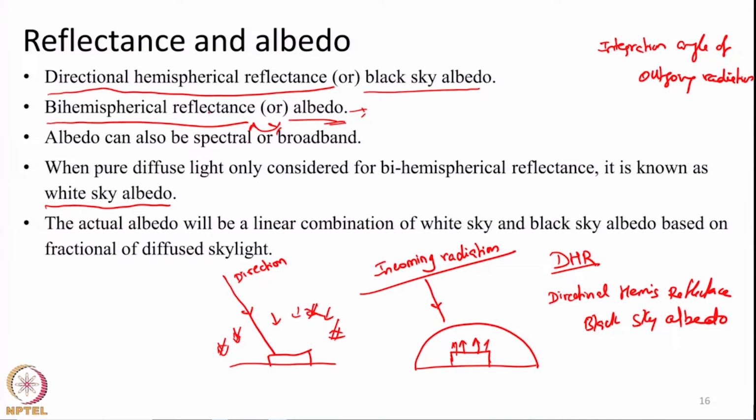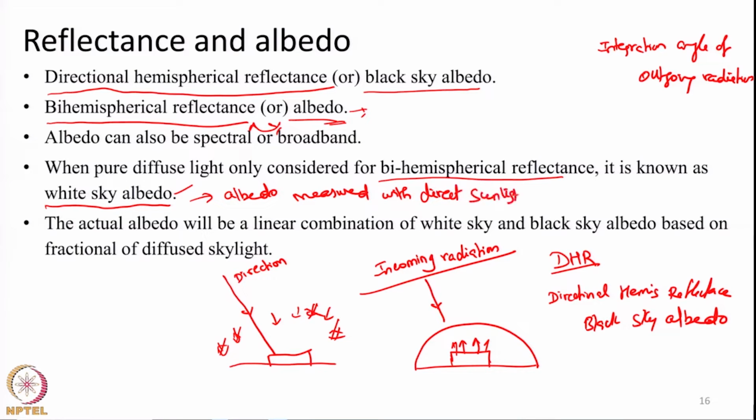There can be some circumstances where the diffuse skylight only is present, direct sunlight is absent. We measure reflectance under such circumstances, that is we measure bihemispherical reflectance only under such circumstances, but the albedo has the name of white sky albedo, that is white sky albedo is albedo measured without direct sunlight component.